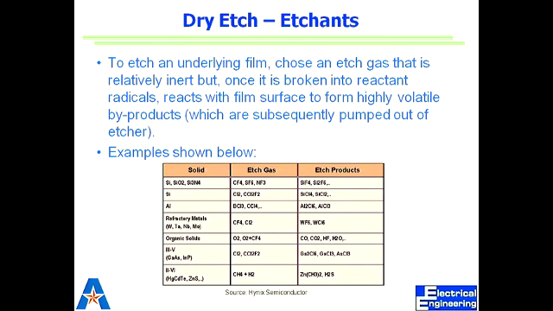So there's chlorine, fluorine, carbon and oxygen. These are a few of the gases that are mostly used. So chlorofluorocarbons are very widely used for dry etching. That's why there is one thing named the F by C ratio, FC ratio.